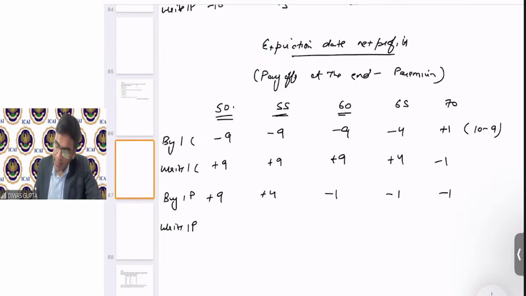Okay, students. Then writing one put option. Again, I have to pay 10 rupees. I have received 1 rupee. So that means I am at minus 9. I have paid 5 rupees, I have received 1 rupee, minus 4. Rest all places plus 1.